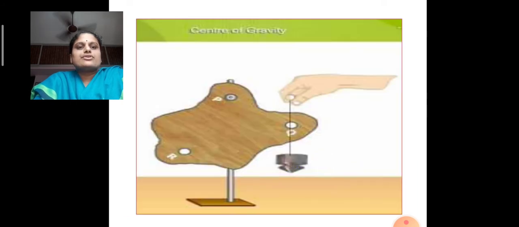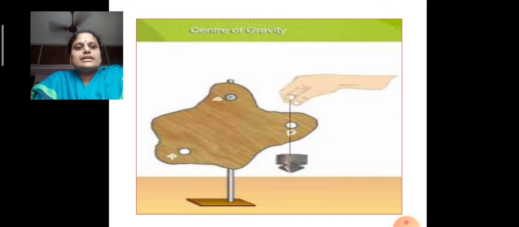To find the center of gravity of a planar object, let us put 3 holes in that irregularly shaped planar object and hang a weight from one of the holes. So, the laminar object will rest in some particular direction.